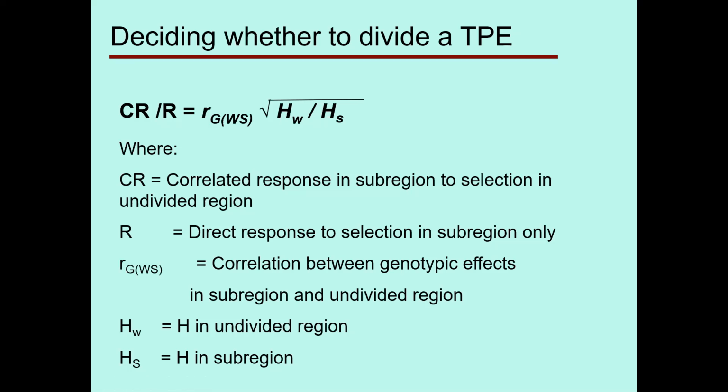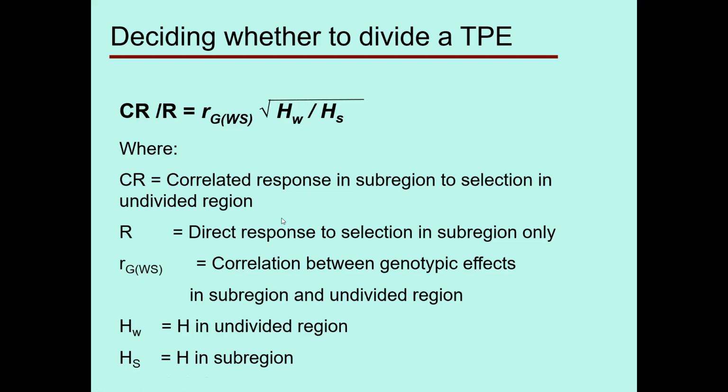Are you going to make greater gains if you don't subdivide than if you select within the subregions? And that's a function of the genetic correlation between means estimated in the whole undivided region and the means estimated in the subregions, multiplied by the geometric mean of heritability in the whole region with all the locations considered versus heritability within the subregion with the subdivided number of locations.